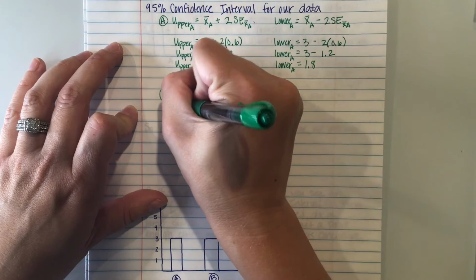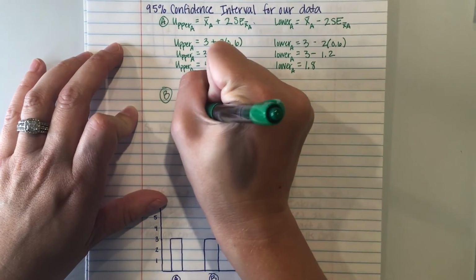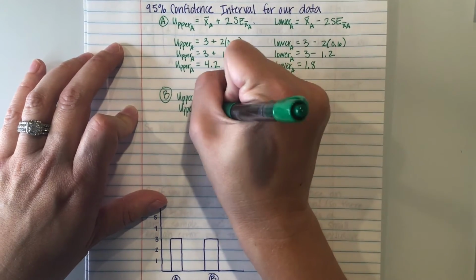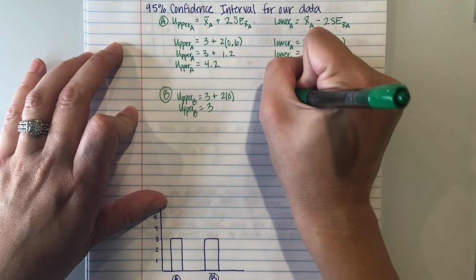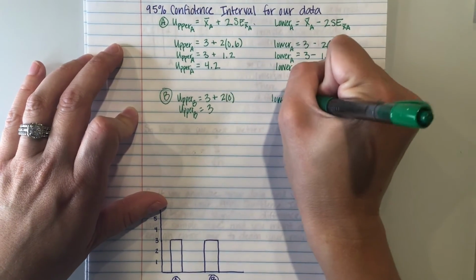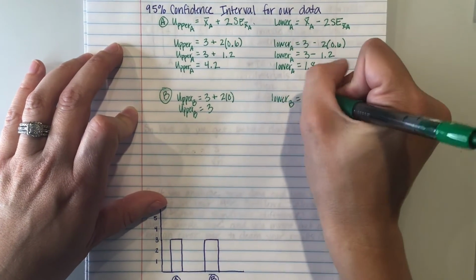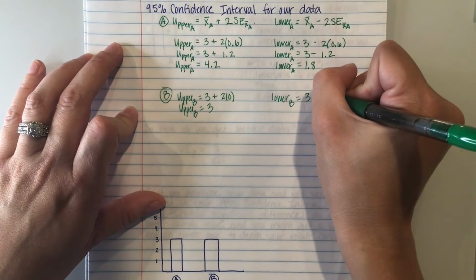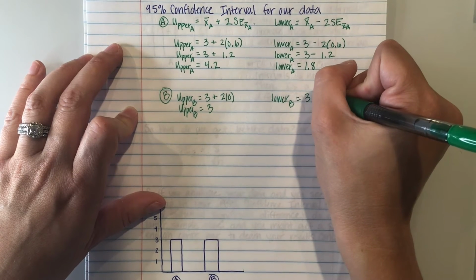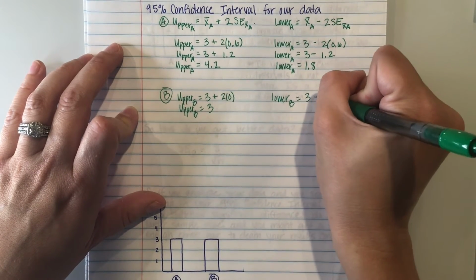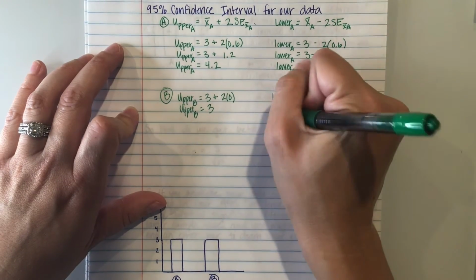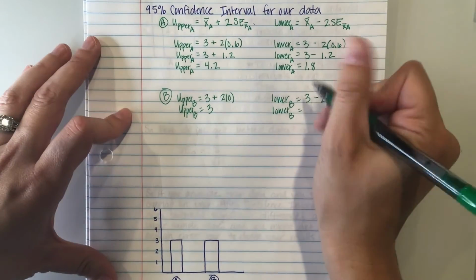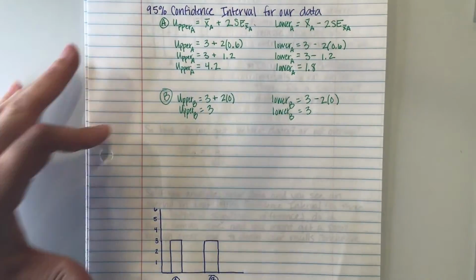So my upper of B is actually 3, and my lower of B is going to be my same mean, which was 3, minus 2 times 0, which will give me my lower of B to also be 3.